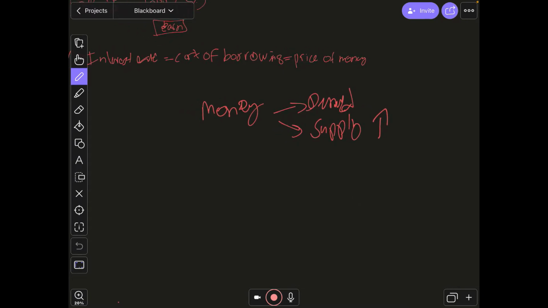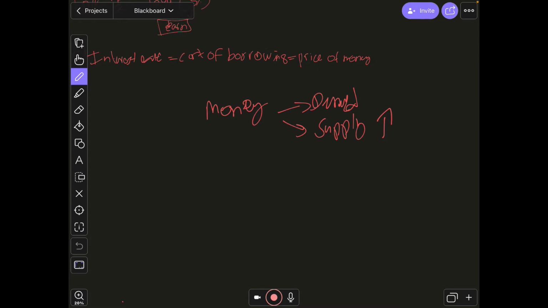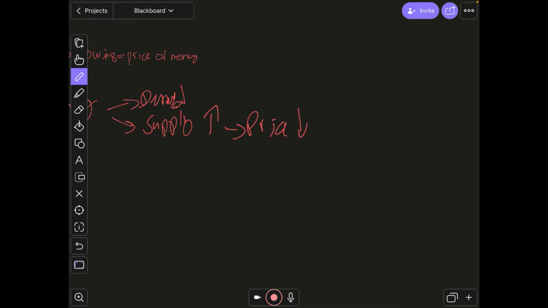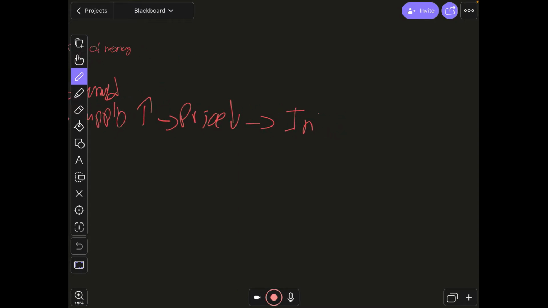And so whenever the government increases the supply of money, the price of money goes down. And since we just discussed that the price of money is the same as interest rates, interest rates go down too.